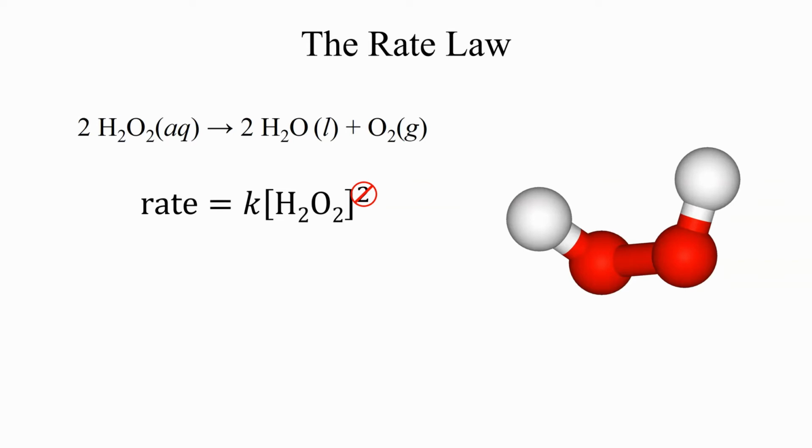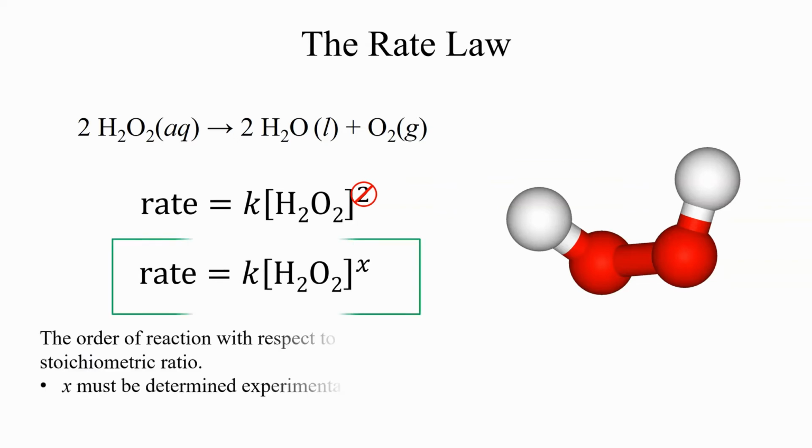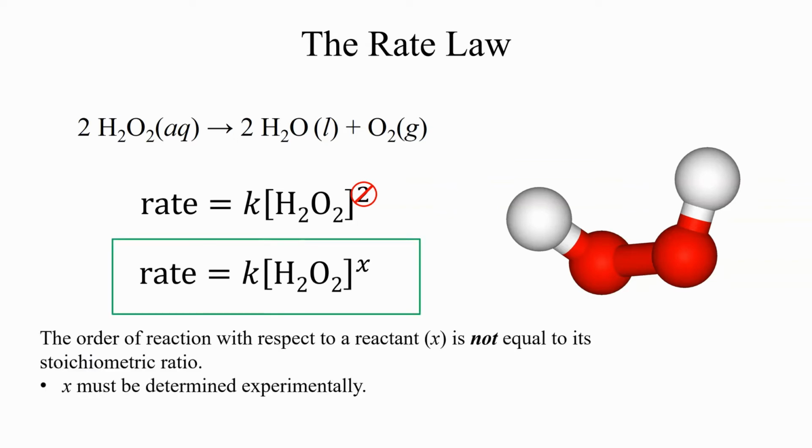The exponent on the order of the reaction is not the stoichiometric coefficient. So here I'm using x. The order of reaction must be determined experimentally. It has almost nothing to do with the stoichiometric coefficient. And this is where the method of initial rates comes in.